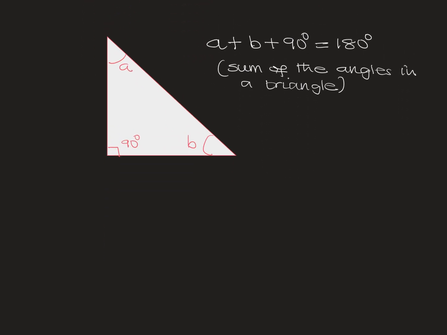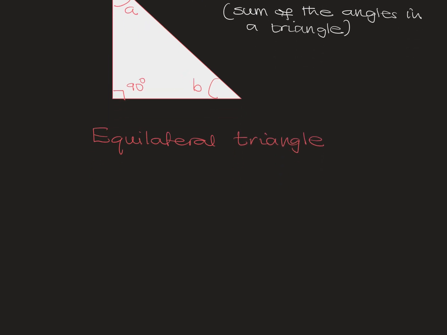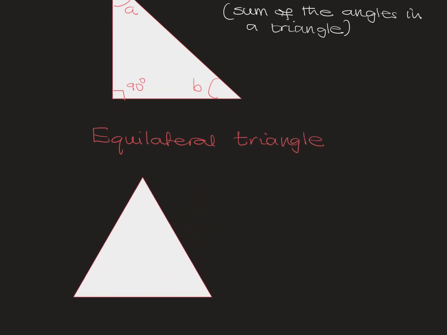Moving on, if we have what we call an equilateral triangle. For an equilateral triangle, if we have the angles, let's call them A, B, and C, you have to know that all the sides are equal for an equilateral triangle.